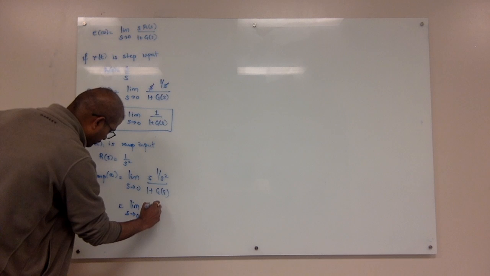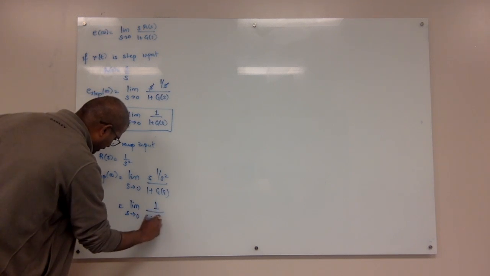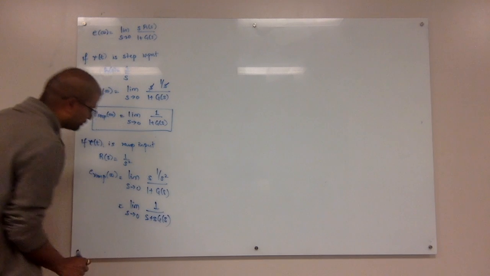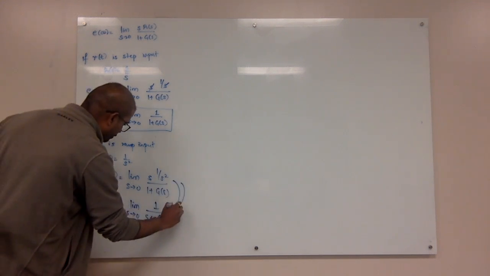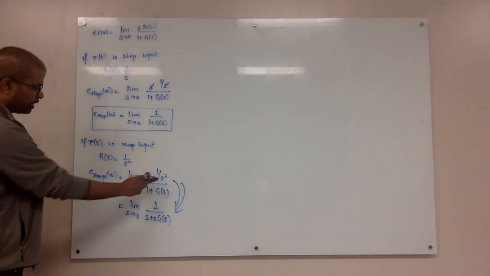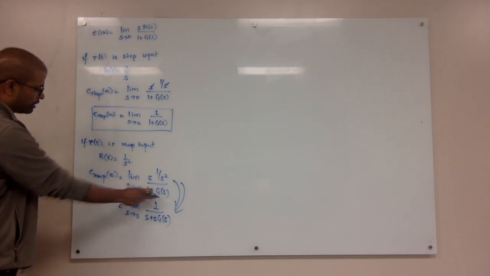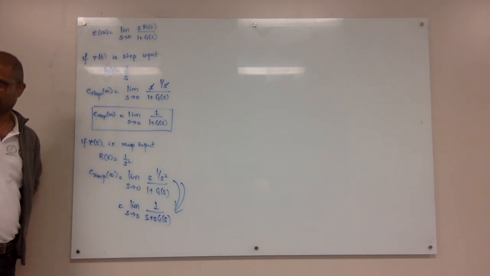Here it's going to be 1 over s plus s G of s. Do you understand this transition? Only one s remains here, right? It gets multiplied by this and this. You got it? Good to go.